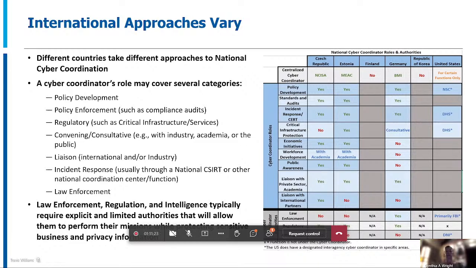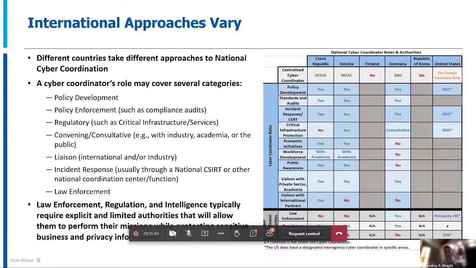Some of these authorities include, as we've discussed, policy development, policy enforcement, such as compliance audits, regulatory function like overseeing critical infrastructure and services. That's often one that gets delegated to different agencies. Convening or consultative authority, the ability to bring different players from industry, academia, and the government together.